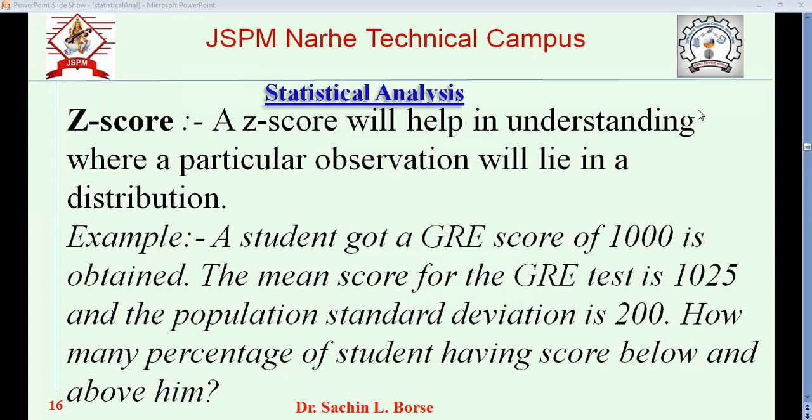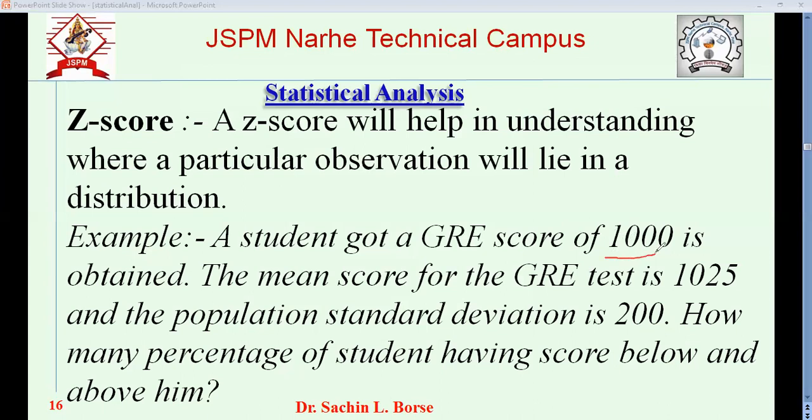What is the probability of a particular thing, assuming that it is the normal distribution curve? Assuming that it is the normal distribution curve.